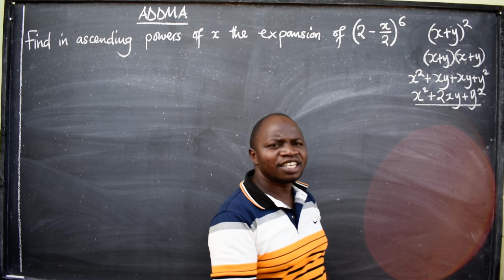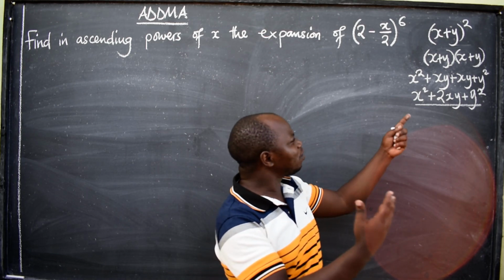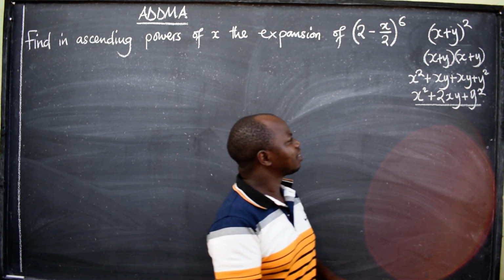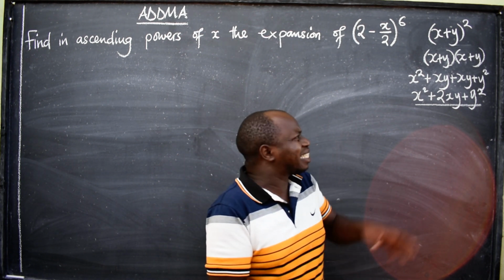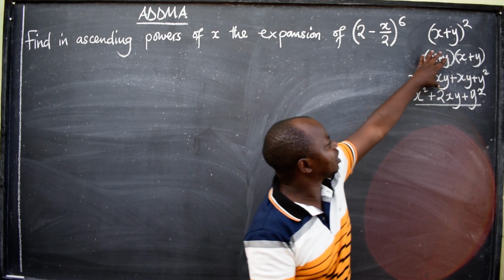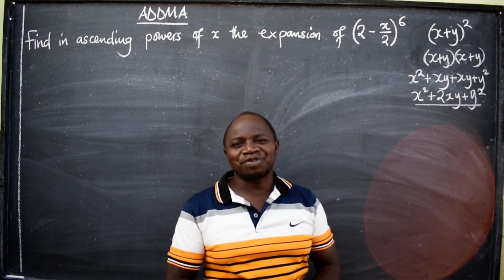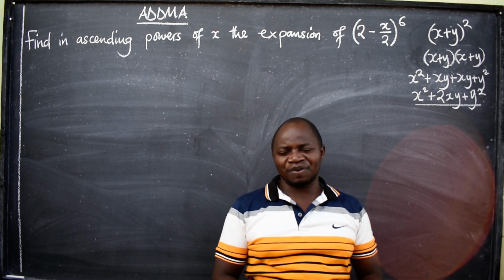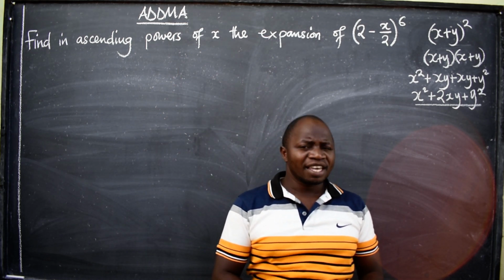Not only that, we can also study the coefficients. In the exam, they can ask you to just give them the last term or the second term without expanding. So there are a lot of things that we can talk about, but let us be specific with this question that we've been given.